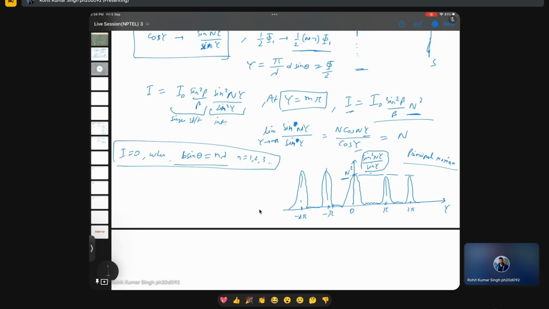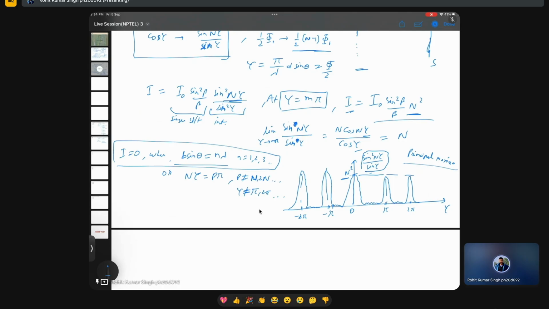Or either n gamma is equal to some p pi, where p should not be equal to n, 2n and so on, because at n, 2n and so on you get gamma equal to pi, 2 pi, which is principal maxima, right?